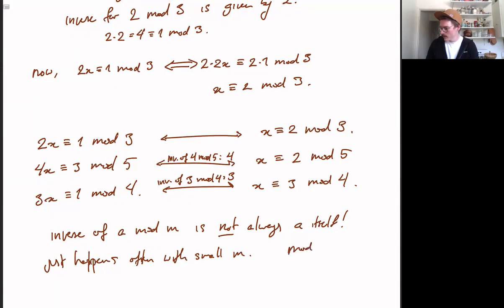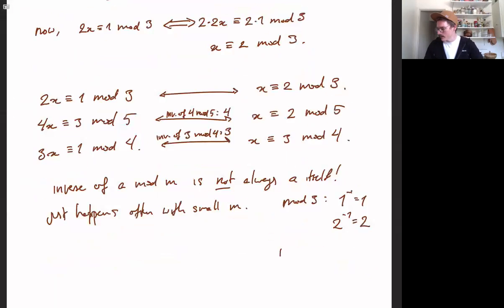For example, mod 3, 1 inverse equals 1. I mean, this is always true. And then you only have one other thing besides 0, but 0 doesn't have an inverse. You only have one other thing, and so its inverse has got to be the only other thing as well, which is itself. And mod 4 is exactly the same. 1 inverse equals 1. 2, remember, you have to be coprime to the modulus, so 2 is not going to be invertible either. So the only other thing is 3, so its inverse has to be the only other thing, which is 3.